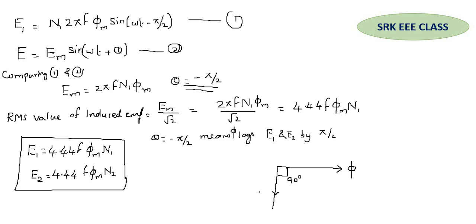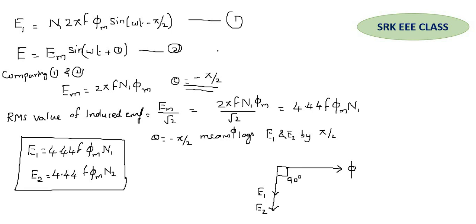This is my E1 and this is my E2. This we get from the equation E1 is equal to n1 2 pi f phi m sin omega t minus pi by 2. From that it is clear that the induced EMF in the primary and secondary winding lags the main flux by an angle of 90 degrees.